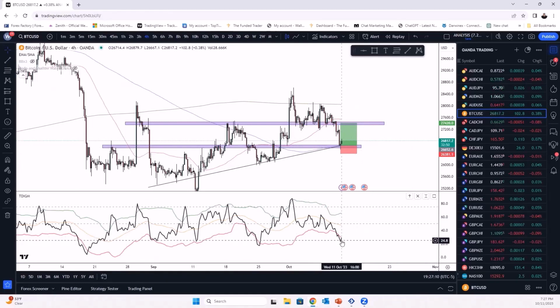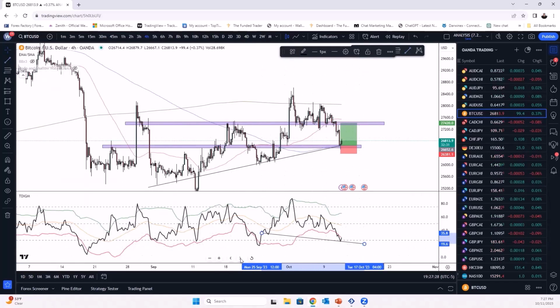Now, if you look left, the last time that it touched this trend line was this area down here. You have divergence as well, where price is going that way, but up here is going the opposite way.